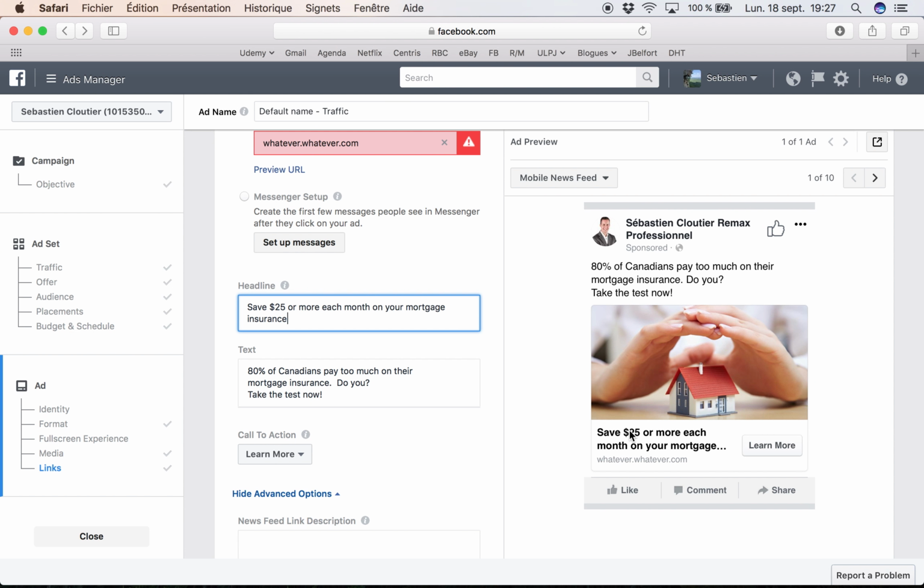Well, if 80% of Canadians pay too much, who am I to think I don't? Just: 80% of Canadians pay too much on their mortgage insurance, period. Take the test now, save $25. That would be good too.